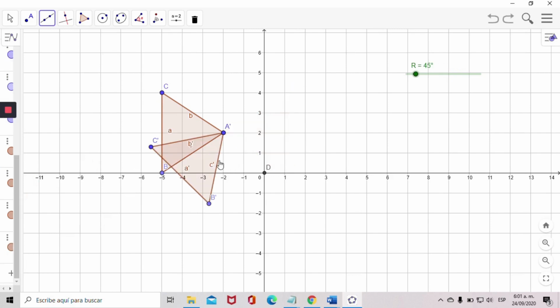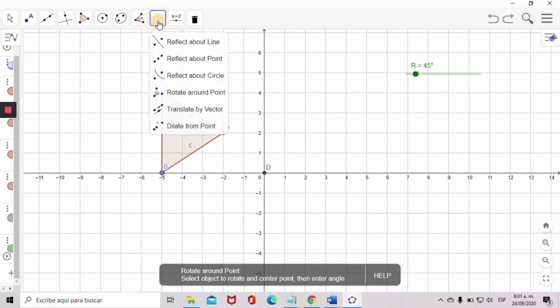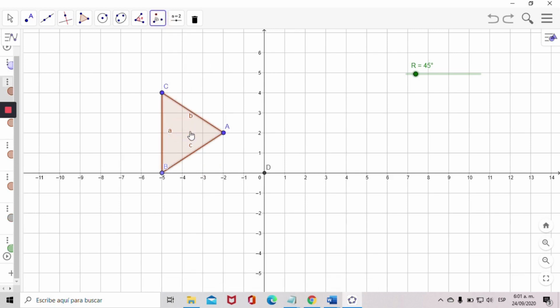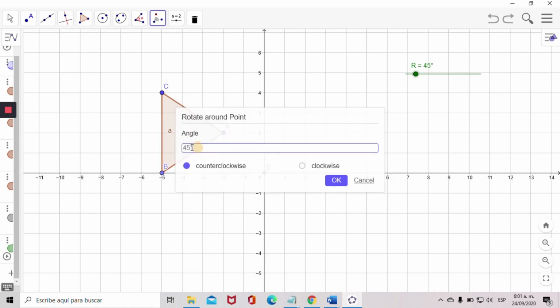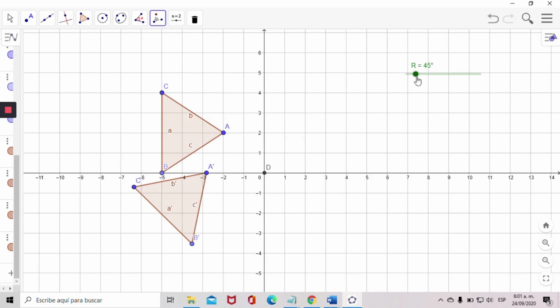If I am rotating this polygon around any other point, once again I select R for the angle itself, and then look, 45 degrees around R. At 360 degrees it went all around, so it went to its same position.